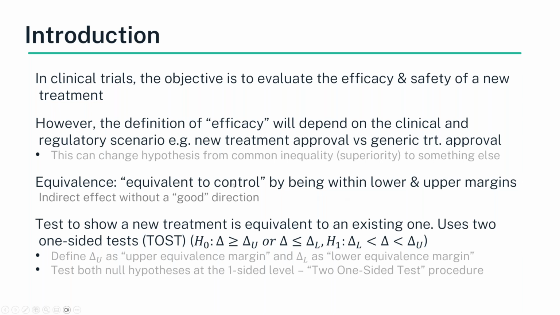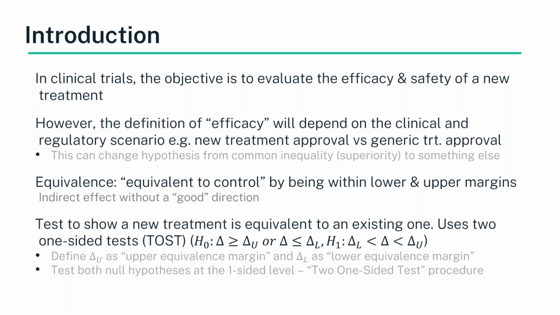So in equivalence testing, you are testing if the new treatment is equivalent to the control or reference, which is going to be the current standard treatment. And this test is carried out using an indirect measure without a good or bad direction necessarily.